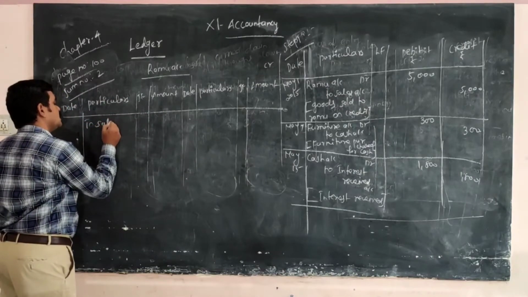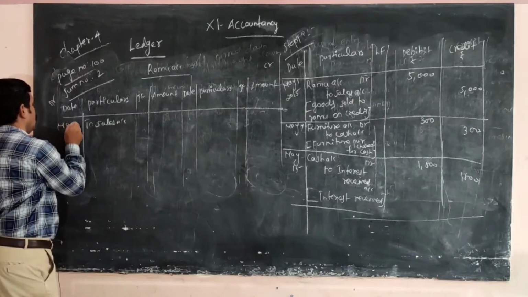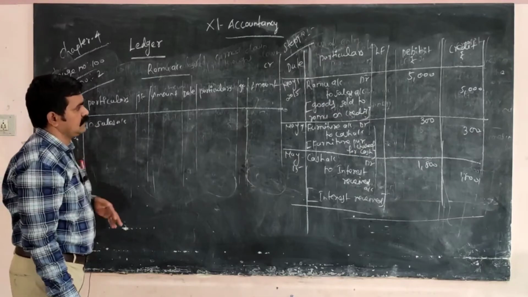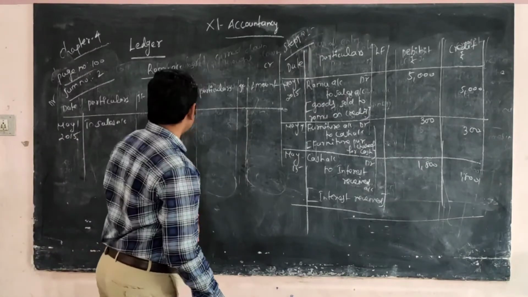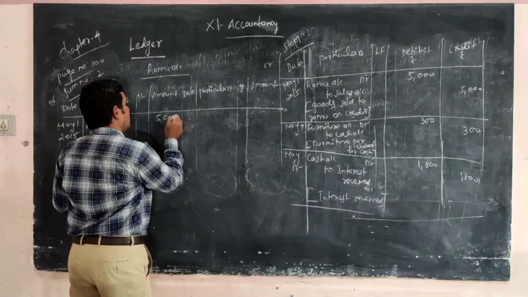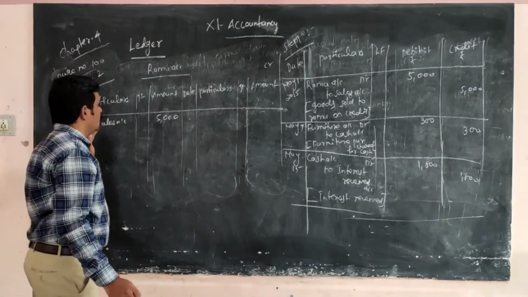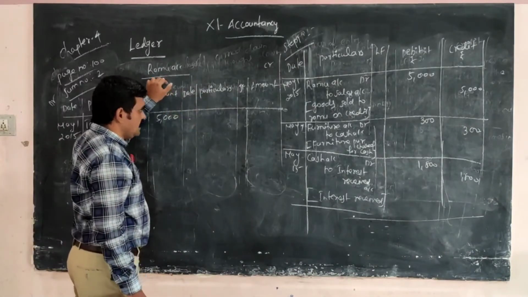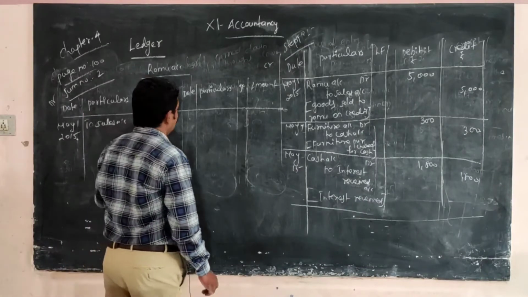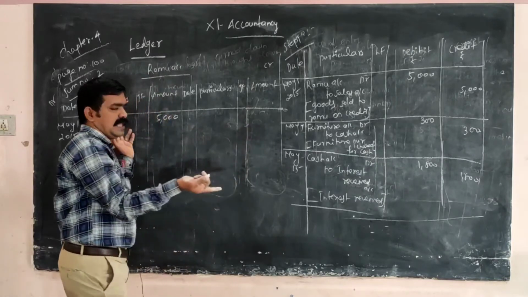To sales, May 1, 2015, sales account, 5,000. So Ramu account is on the debit side, and there is no balance, no amount yet.